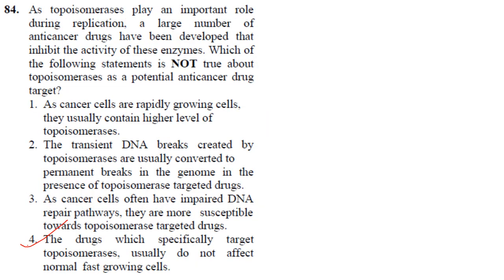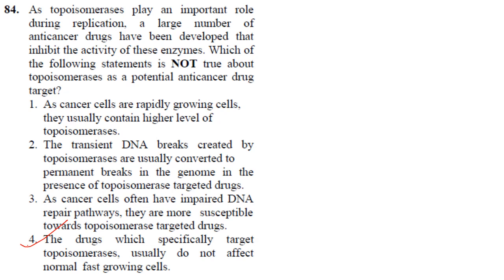Then next one. As topoisomerases play an important role during replication, a large number of anti-cancer drugs have been developed that inhibit the activity of these enzymes. Which of the following statements is not true about topoisomerases as a potential anti-cancer drug target? Now topoisomerases remove supercoiling of the DNA. As cancer cells are rapidly growing cells, they usually contain higher levels of topoisomerases. That is correct. They have asked for the statement which is not true.